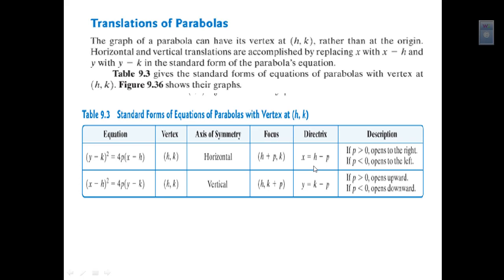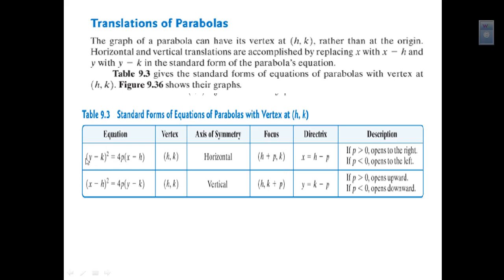Once you get the vertex and know which way it's opening, it's real easy to add and subtract p in the correct direction. You just have to make sure you do. So take your time. Don't spend a lot of time saying that you can't do it, because if you can do those simpler ones that we just did, you can do these. All you have to do is start at the vertex.